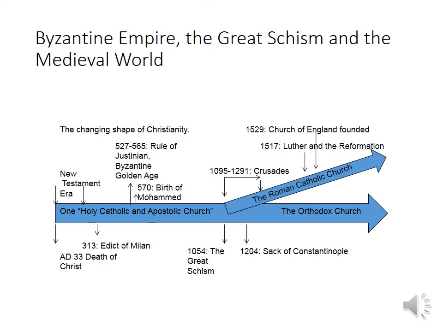But again, not to get too far ahead of myself, do keep this timeline in the back of your mind. I think it will help you keep these dates straight and to understand the continuing evolution of iconography and symbolism in the artwork that we're going to be looking at over the next few chapters.